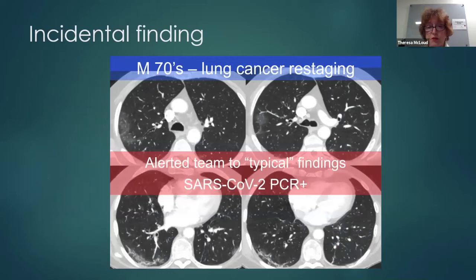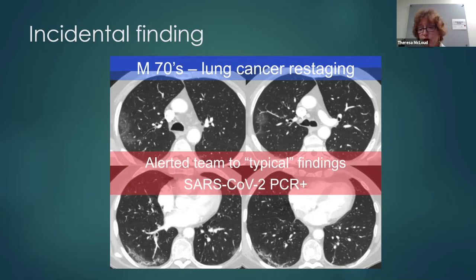Now we talked about incidental findings. This, for example, is a patient who came to the hospital early in the pandemic for lung cancer restaging, and astute radiologists here did notice the typical ground glass opacities that Brent so nicely demonstrated. The peripheral and basilar, and even though the patient was not symptomatic with typical COVID symptoms, we alerted the team and the patient received appropriate treatment.